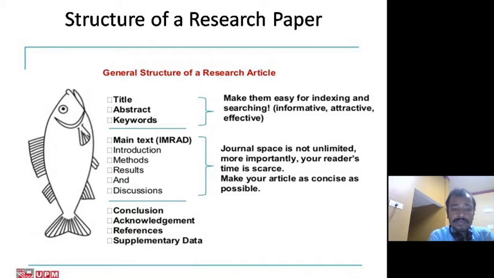Lastly, we should conclude the research and acknowledge several contributions and the references used in the research. Additionally, supplementary data or any other information also needs to be included in the research paper for easy understanding and to become a good research paper.